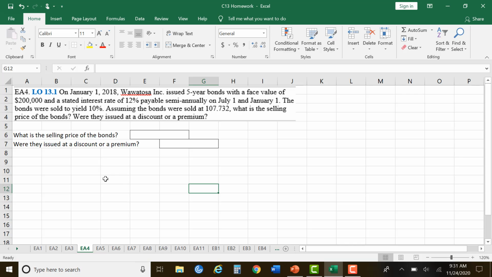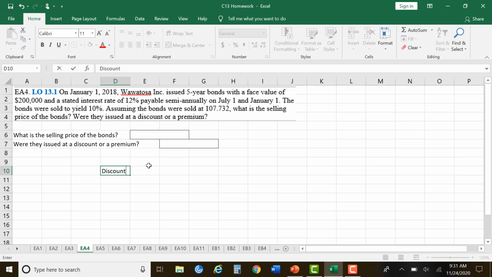Okay. It says it a little sloppy, but this is the bonds were sold to yield 10%. That is talking about the market. It's not talking about this bond. This bond is at 12%, and they're talking about other bonds, although the way they said that is definitely a little sloppy and confusing.